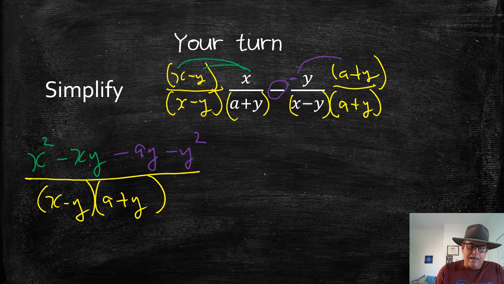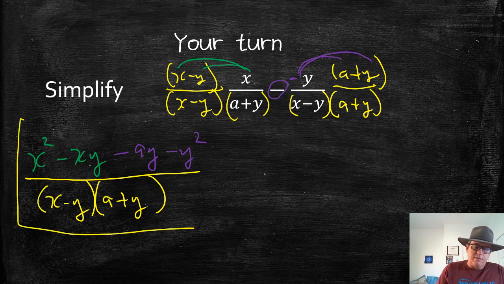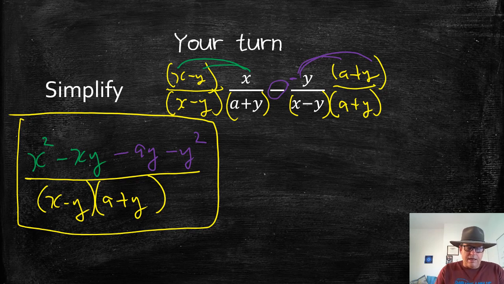Minus y times a and minus y times y. Now, we need to see if there's anything in the numerator we can simplify, and there's not. There's no like terms up there, so that's it. We're done. That is our answer.